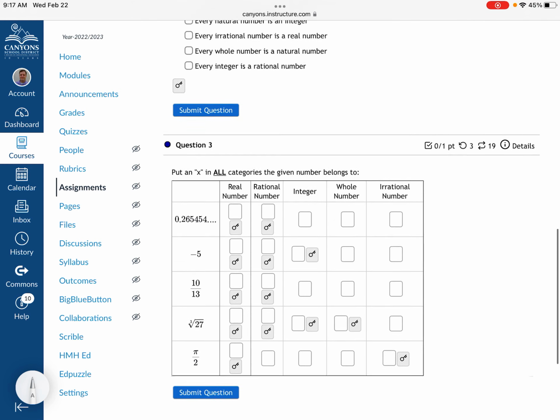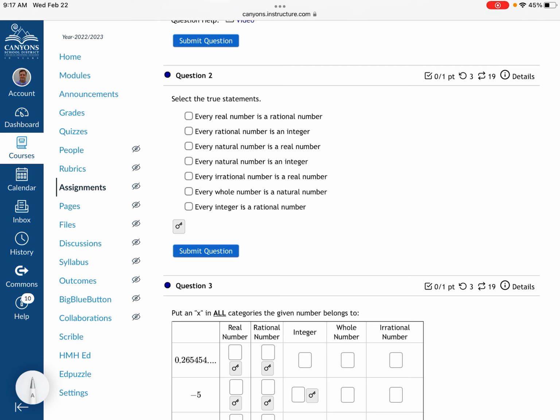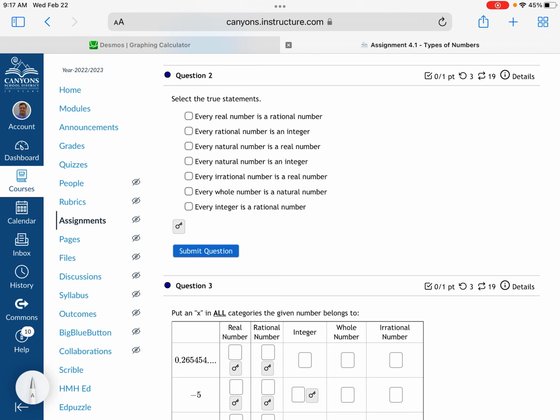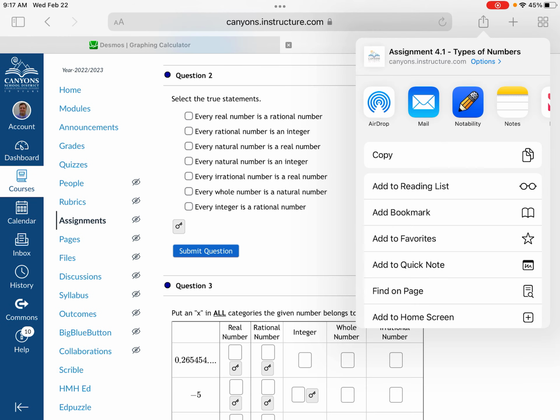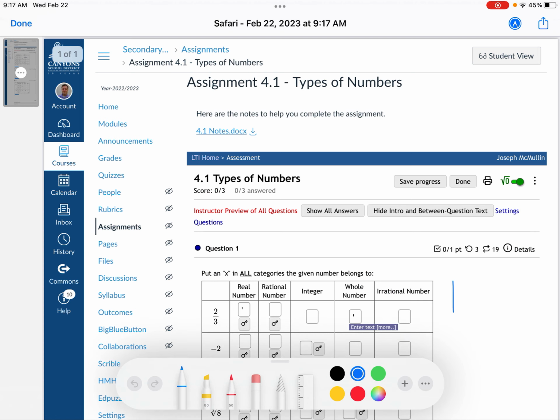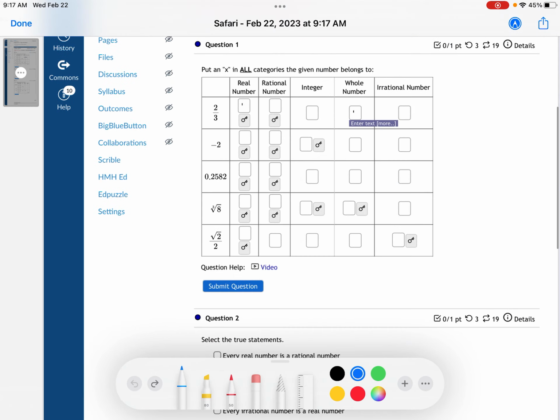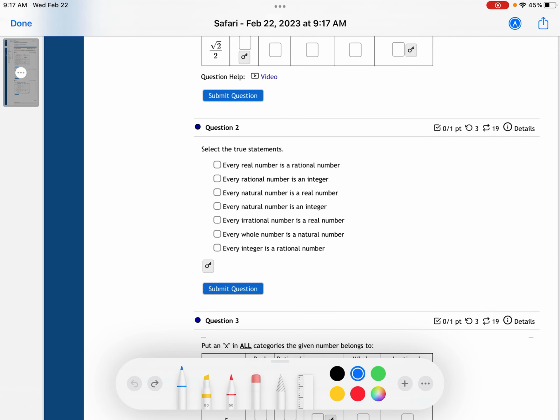There's only 3 questions. For number 2, you can kind of think of the different circles, right? Every real number is a rational. Let me just give a little refresher on this one. Okay, every real number is a rational number. Let's just draw those circles again.